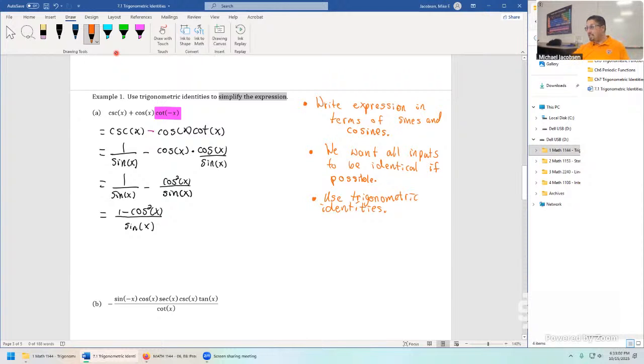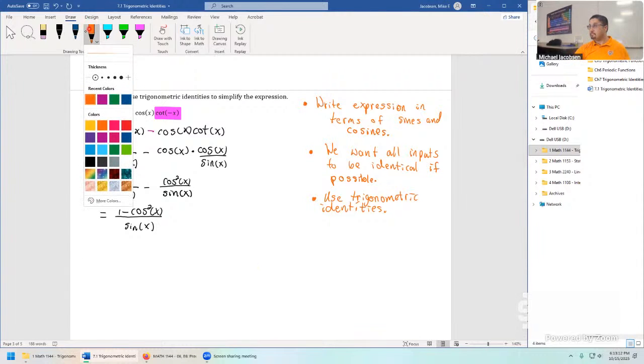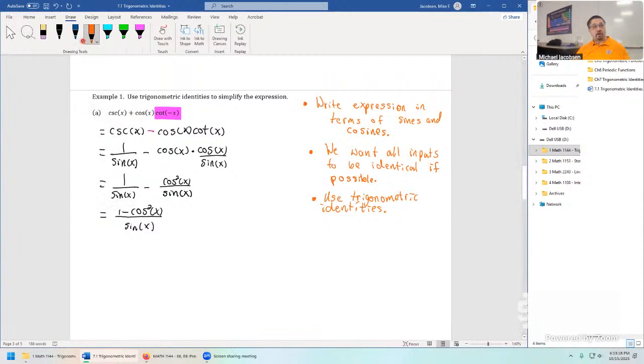Anyone happen to know which identity we could use at this step here? Would it be cotangent? Not quite a cotangent identity, but there's going to be an identity involving cosine itself, it turns out.